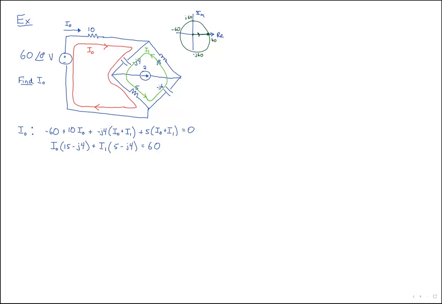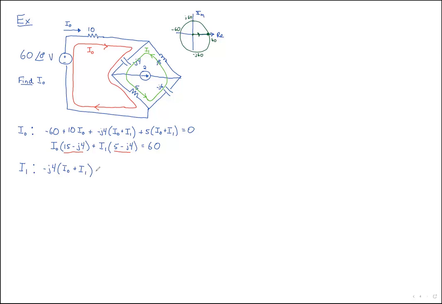So that's our first matrix equation. And when we write our matrix, those will be our coefficients. When we do our KVL around I sub 1, let's start arbitrarily right at the top. So we've got minus J4, and it's both I naught and I1 contributing to that one.